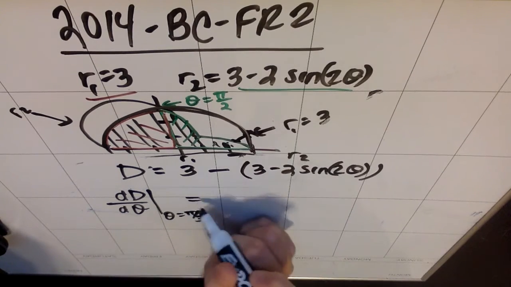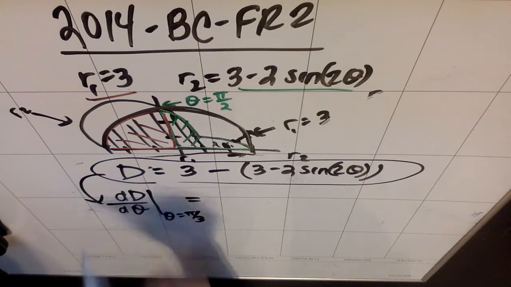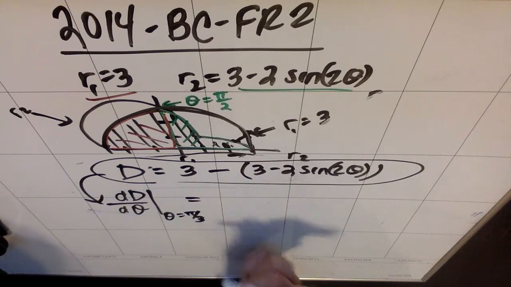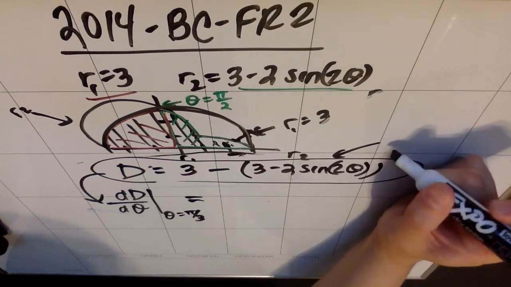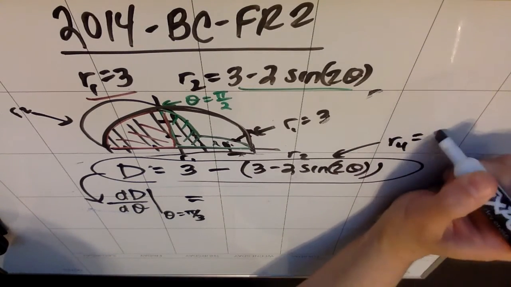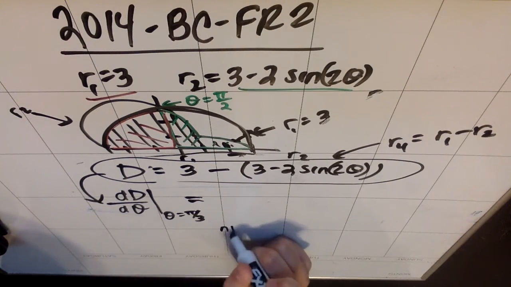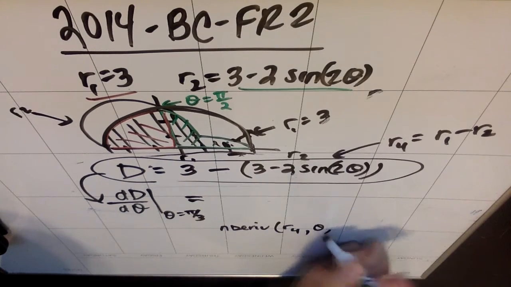I need to set up this expression for the distance, take the derivative of that at pi over 3, and I can make my calculator do it for me. So I'm going to put this in as my R4, just R1 minus R2, and then do n derive of my R4 with respect to theta at pi over 3.